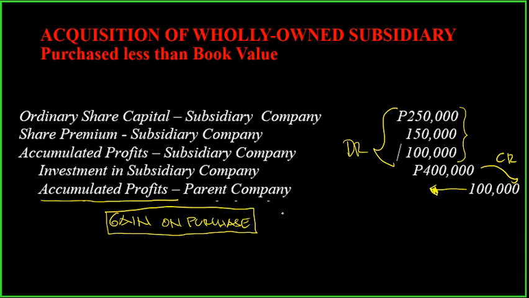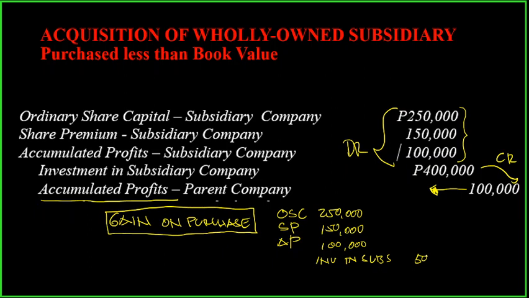First, you have a debit to ordinary share capital, debit to share premium, and debit to accumulated profits, or retained earnings, amounting to 250, 150, and 100,000. And then you will have a credit to investment in subsidiary, amounting to how much? 500,000.